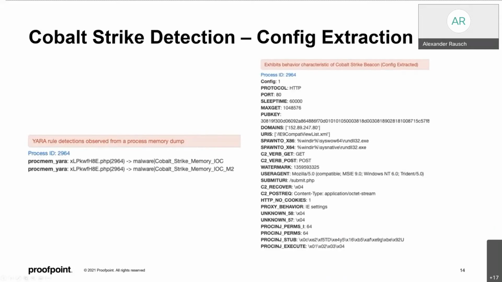And on the right side, you can see that the same memory dump has been used to extract the CobaltStrike beacon configuration out of the memory dump. This configuration also only shows a few parameters. There are a lot more, but as you remember the slide from Alexander a few minutes ago, you can see that it's possible to extract the configuration out of memory again.